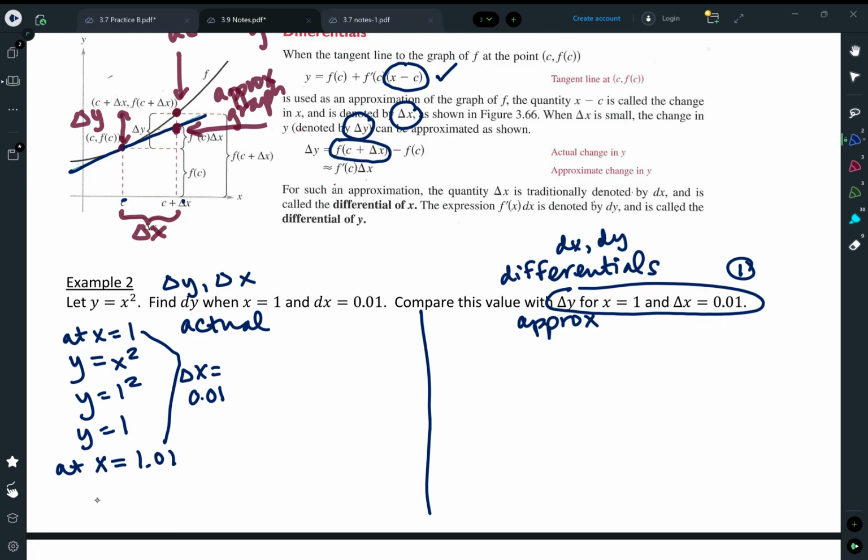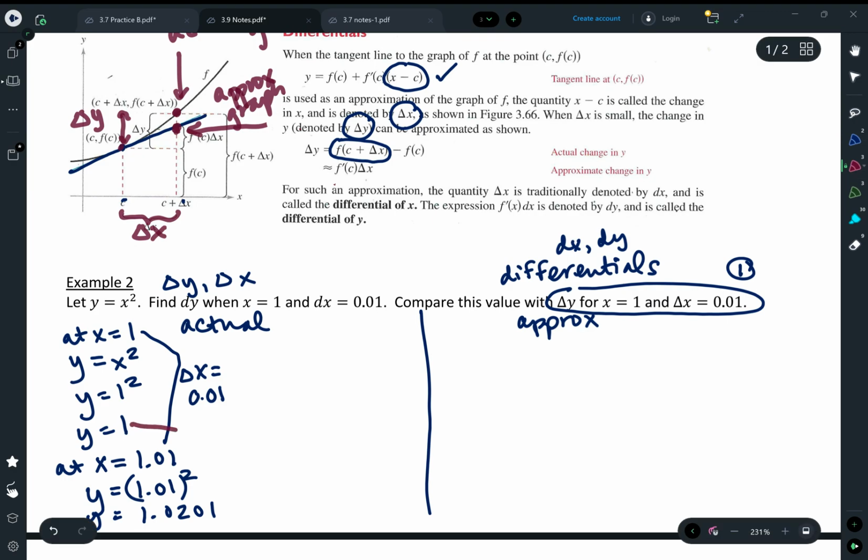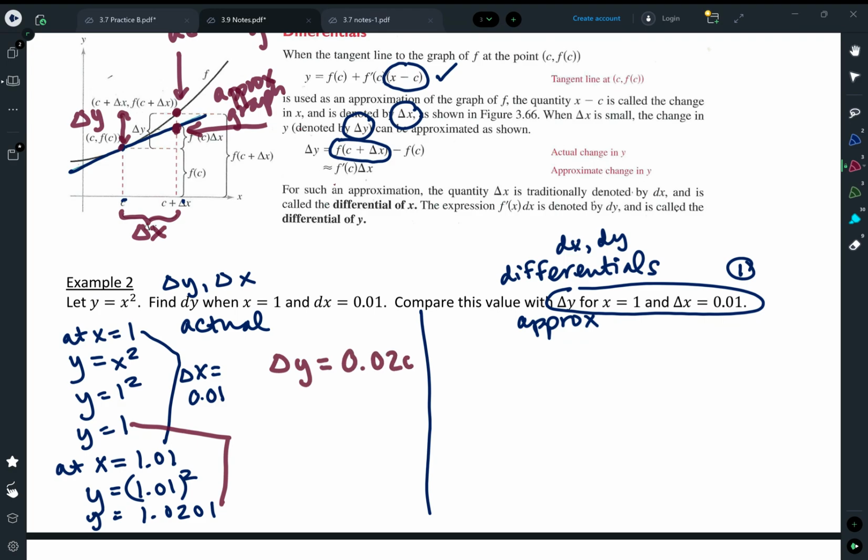So in that case, y equals x squared, which is y equals 1.01 squared. And fortunately, I calculated that out earlier, and it is 1.0201. So if I want to find my delta y, I'm looking for the difference in my y values. 1.0201 minus 1 would just be 0.0201.